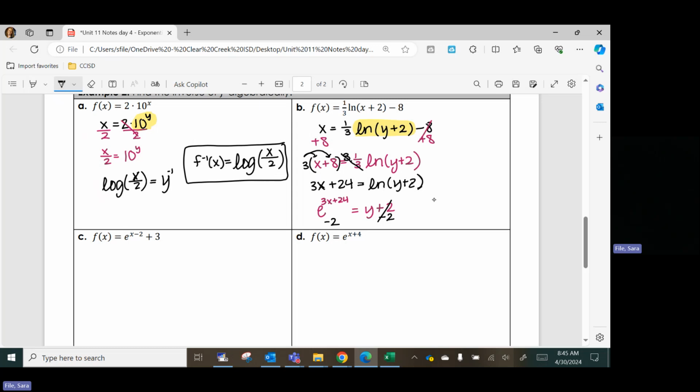This minus 2 is outside the exponent. I'm going to go ahead and replace the y back to function notation. So this is e to the 3x plus 24 and then minus 2. So make sure that that minus 2 is not in the exponent with the rest of that.